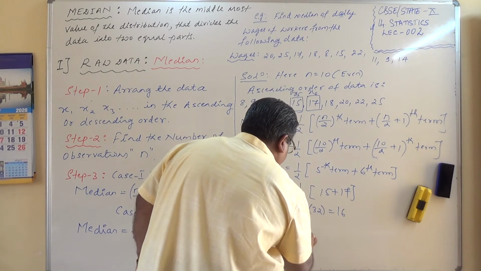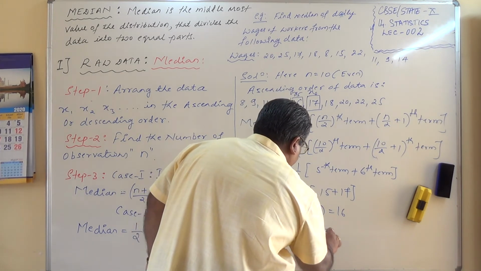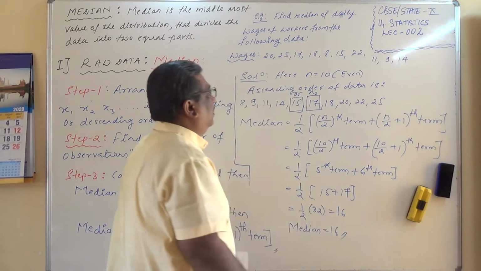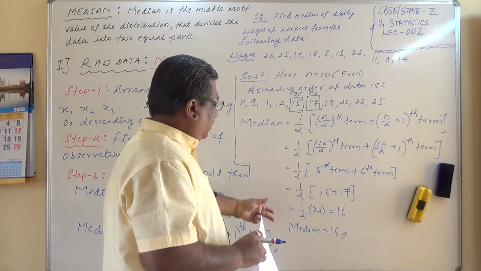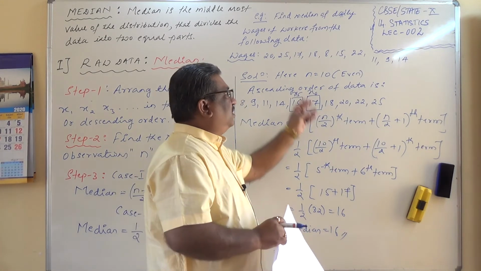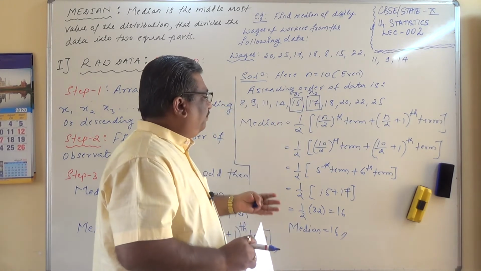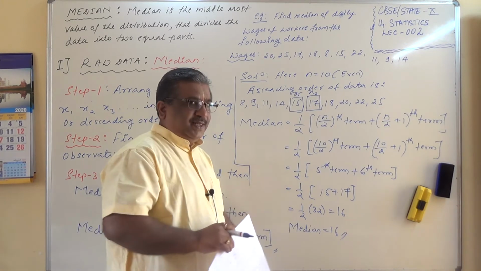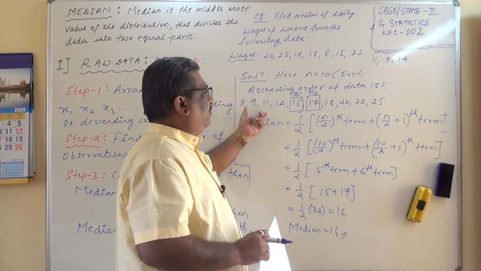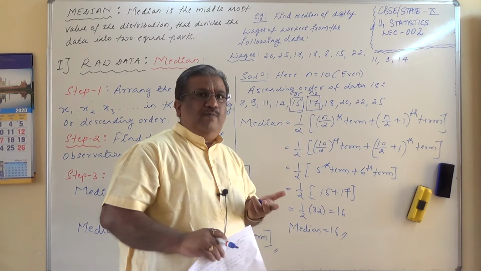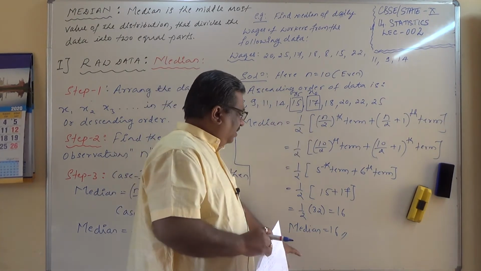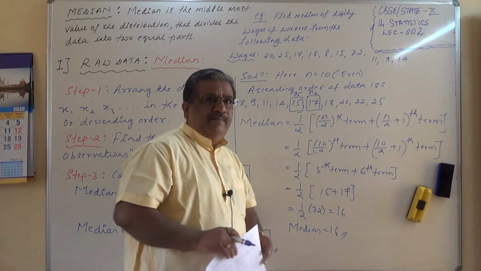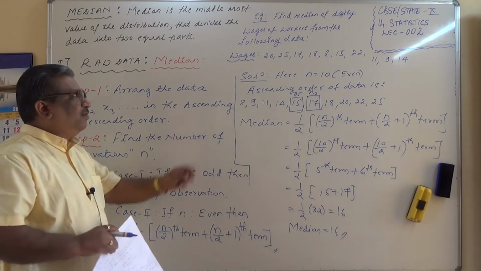Therefore the median is 16, which divides this entire distribution into two parts. Whenever you have an even number of observations, there are two middle values, and the average of the two middle values gives you the median. So I hope you have understood. Make a note of this.